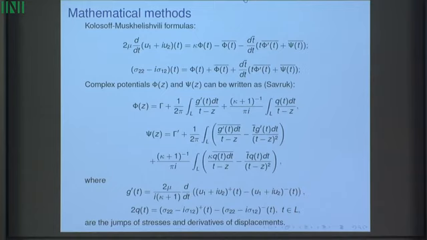For those potentials, I will take these integral representations in the form which was proposed by Savruk. So I substitute these analytic functions for these singular integrals, and G prime and Q here are the functions which are defined just on the boundary of the semi-plane, and they have nice geometric meanings. They are jumps of derivatives of displacements or jumps of stresses through the boundary.